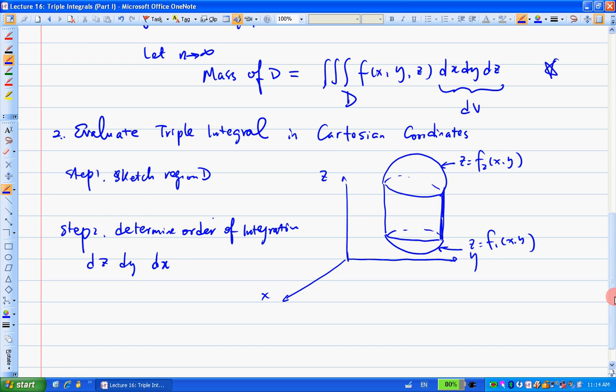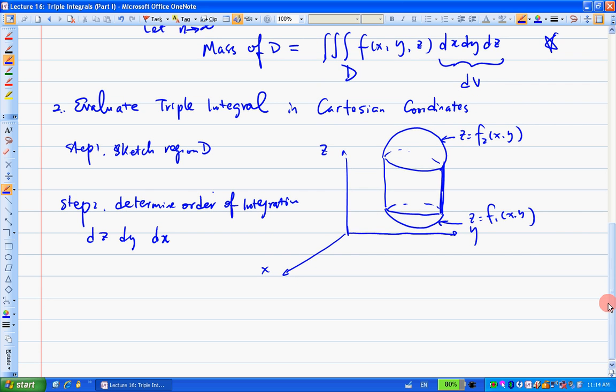All right. So once you determine the order, before we move on, I need you to remember the idea of this integration. When you integrate a single variable, you integrate from a to b, so you're sweeping from a to b, right? When you integrate a double integral over region R, you try to sweep every corner of the region R. Now your integration is over this whole region D, which is a solid in 3D space.